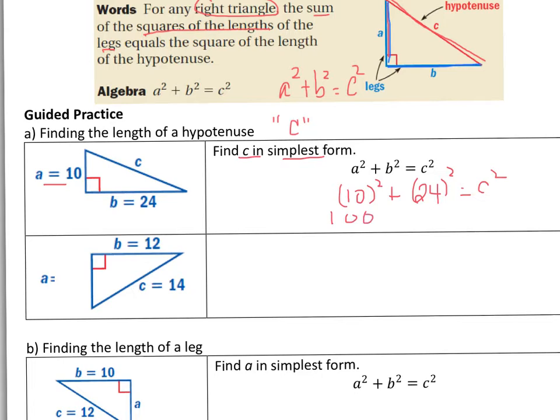I'm going to go ahead and simplify the left-hand side of this equation. Now I'm going to take the square root of both sides. And C would equal 26. And in this case, we ignore the negative sign because there is no such thing as a negative length.